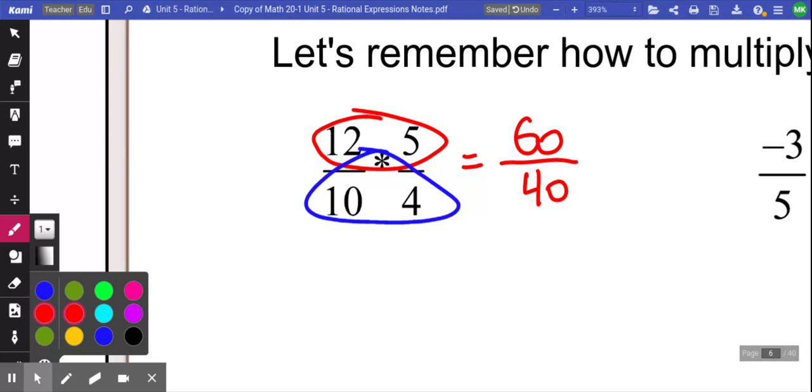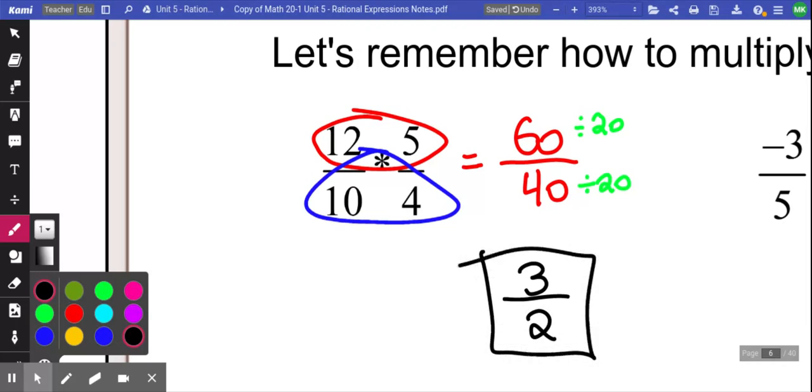Boom, that easy. You could then definitely reduce that fraction, just like we were doing yesterday. You would notice that both of these numbers could divide by 20, and you'd end up getting 3 over 2. That's it. So multiplying fractions isn't going to be terrible.